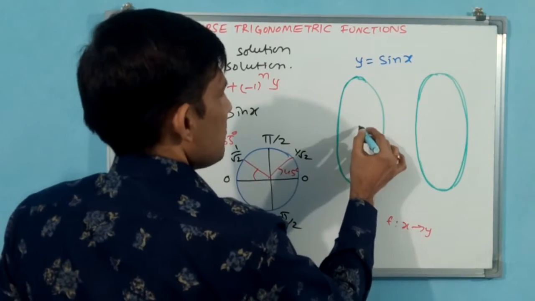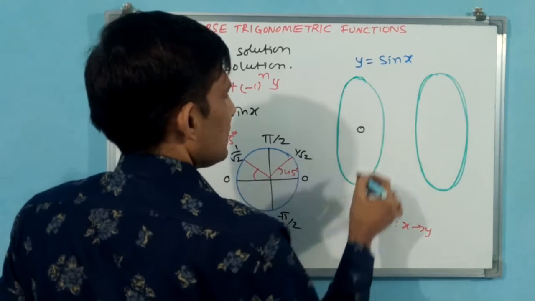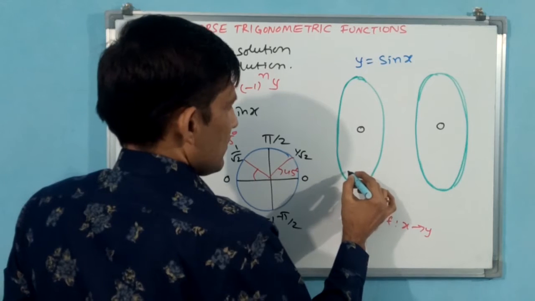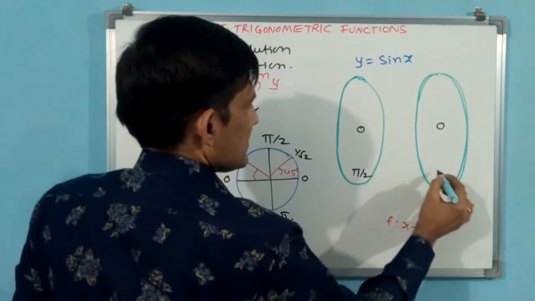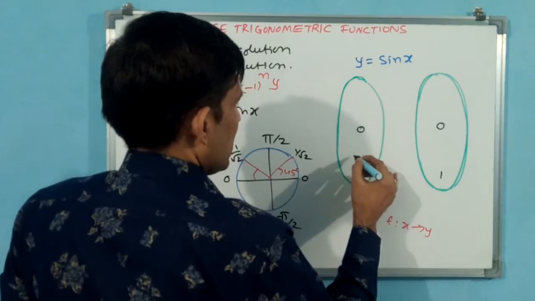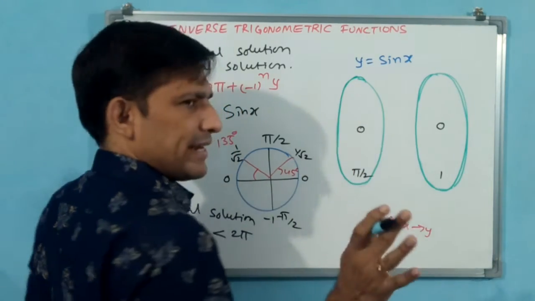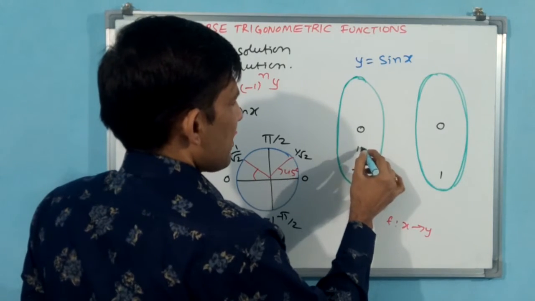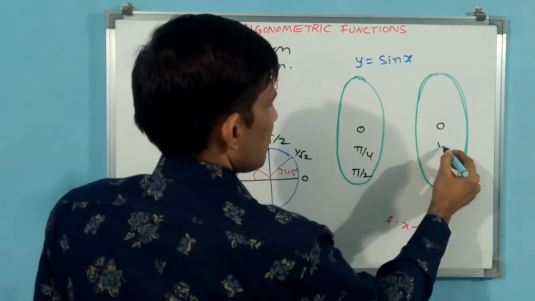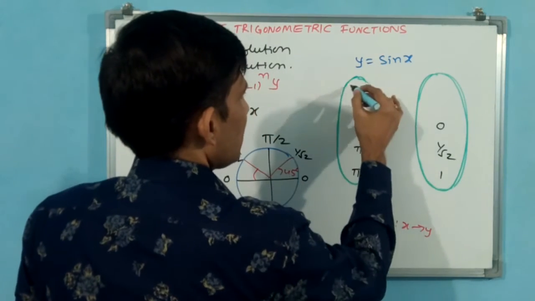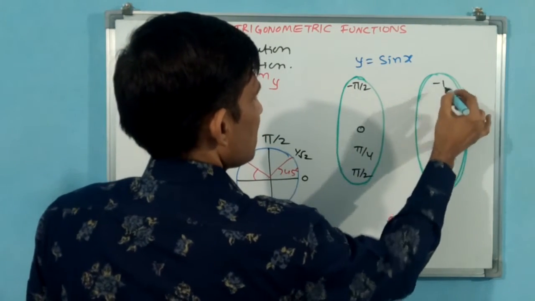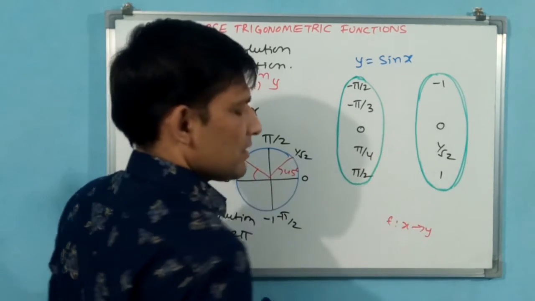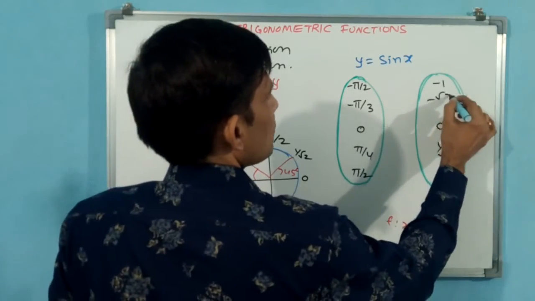In between, 0 will be there, so 0 will come. At pi by 2, 1 will come. In between I write only a few values, not all the items. Say pi by 4, which means 1 by root 2. And here also, minus pi by 2 gives minus 1, and minus pi by 3, meaning minus 60 degrees, gives minus root 3 by 2.